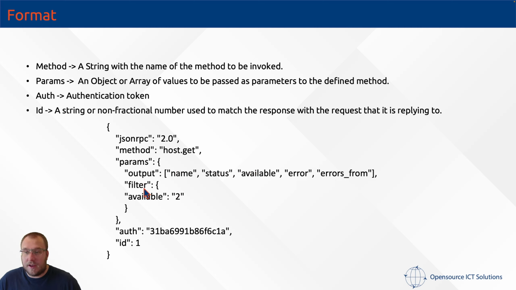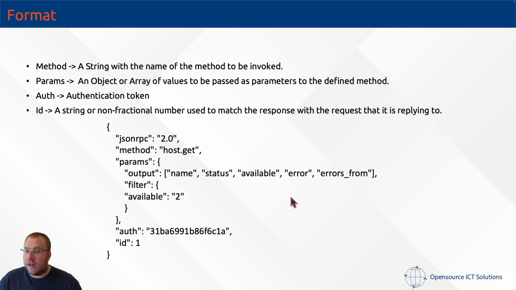And we are filtering on an available state of 2, whatever it may be. Then we have some sort of authentication token, because of course an unauthenticated API access is not what you want. And we've got some sort of ID, which can be just 1, which can be something else, of course, but it is used to match the response to the request that you did.